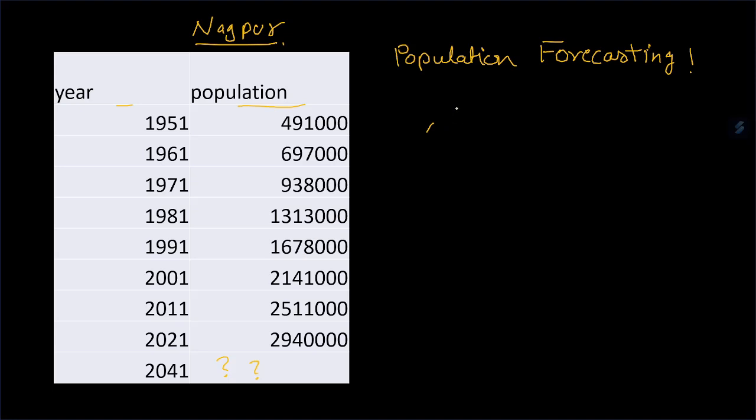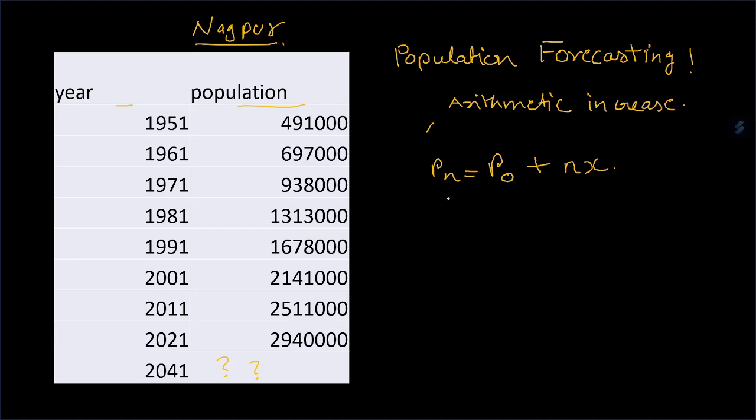To start with, we are going to start with the arithmetic increase model. So arithmetic increase model is nothing but Pn is equal to P0 plus nX.